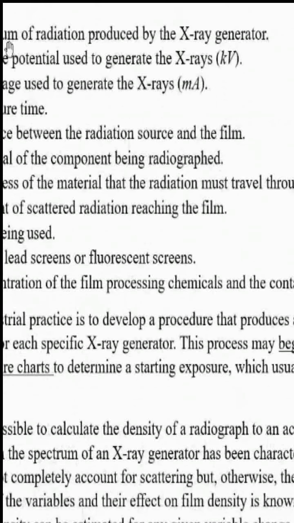All these points: spectrum of radiation produced by X-ray generator, voltage potential used for X-ray generator, ampere used by X-rays, milliampere, exposure time, distance between radiation source and film, material of the component being radiographed, thickness of the material that the radiation must travel through, the amount of scattered radiation reaching the film, the film being used, the use of lead screens or fluorescent screens, the concentration of film processing chemicals, and contact time.